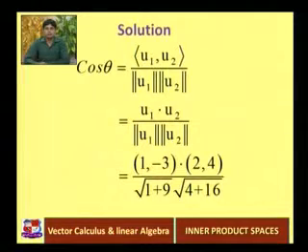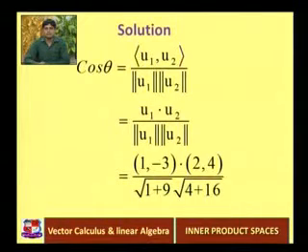It equals writing the value of u1, that is 1 comma minus 3, and the value of u2, that is 2 comma 4, upon norm of u1. Students can easily verify that the norm of each vector in the Euclidean inner product can be found by the square root of the first element squared plus the second element squared. Here the norm of u1 is under root 1 plus 9, that is the square of minus 3.